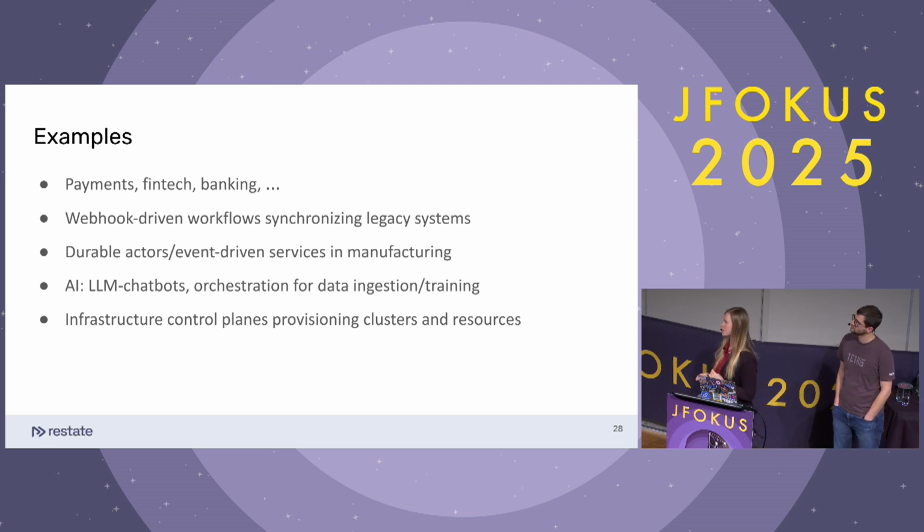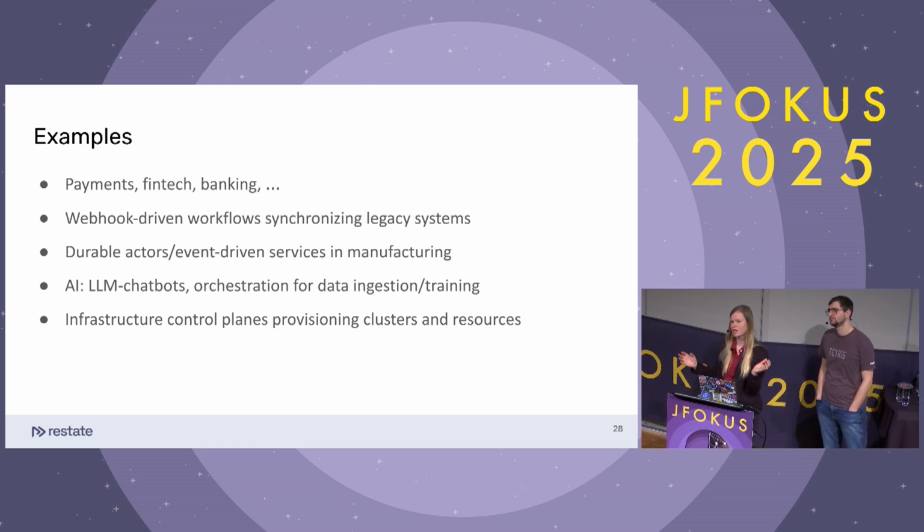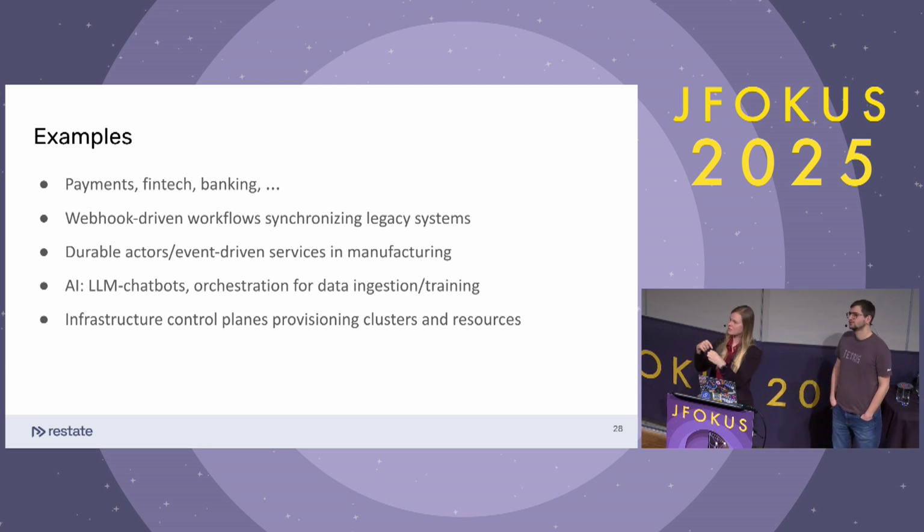With virtual objects, you can also implement quite some interesting things. We have one user who is implementing a manufacturing digital twin-like use case, where in his factory, every machine is represented by a virtual object, and that virtual object is like an actor doing some operations on the machine.